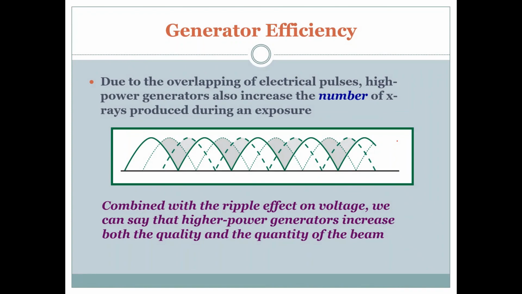So, due to the overlapping of electrical pulses, high power generators also increase the number of X-rays produced during an exposure. Combined with the ripple effect on voltage, we can say that higher power generators increase both the quality and quantity of the beam.